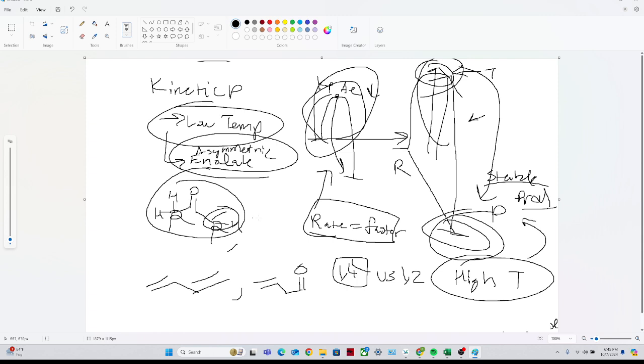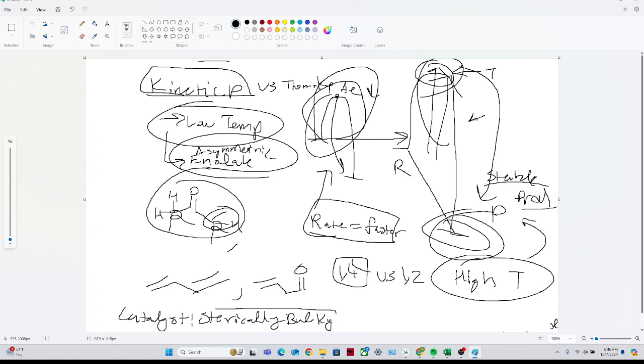When you're doing kinetic products versus thermodynamic products, the type of catalyst or activating agent you use is going to be important. For kinetic products, you want to use sterically bulky ones. Why?